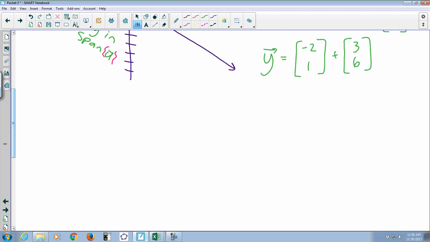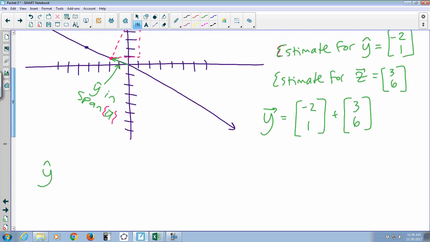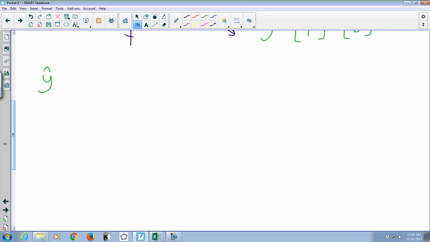Or we have formulas that will calculate y hat and z. Okay, so y hat, we already know the orthogonal projection of y onto the line containing u is -2, 1. The formula that gets us there is y dot u over u dot u times u. These are all vectors.